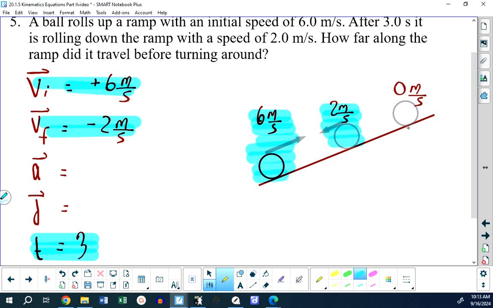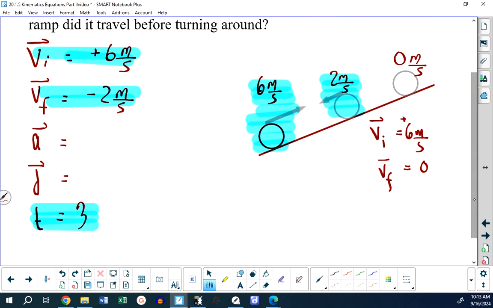What do you think is going to be the same, whether we talk about this or whether we talk about this? What do you think is the same?